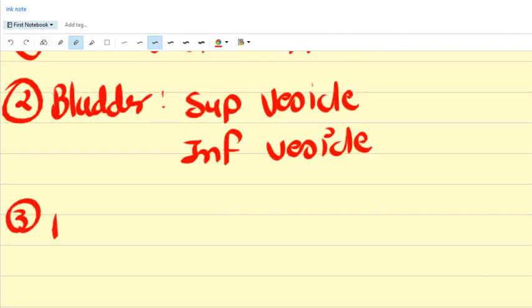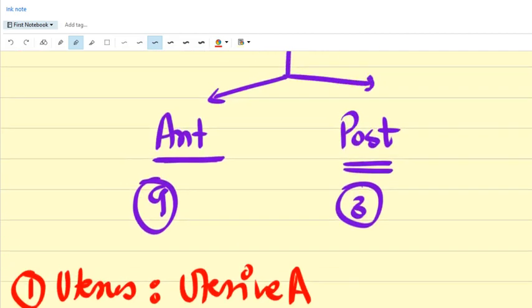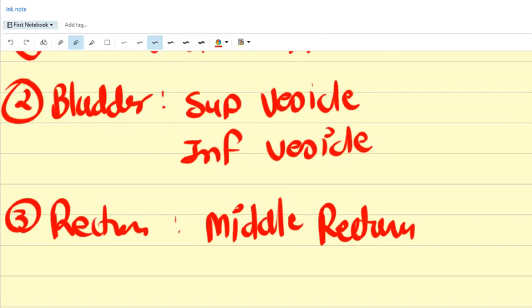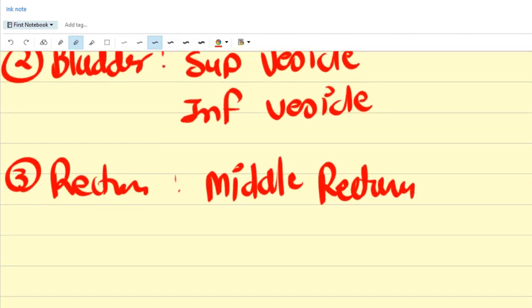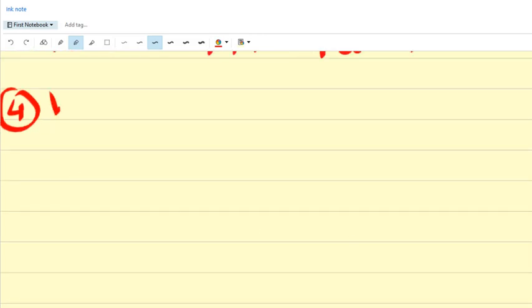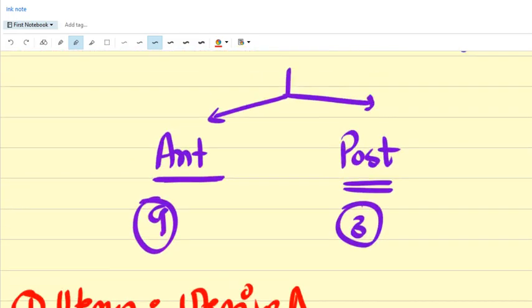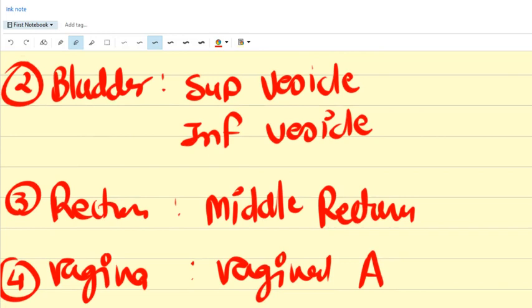For rectum it has a middle rectal artery. Fourth, vagina, vaginal artery. Okay, so these all viscera it supplies.